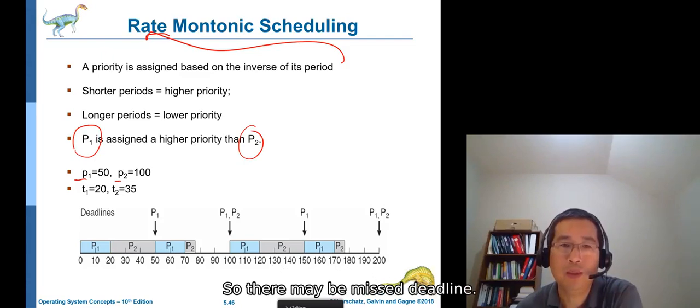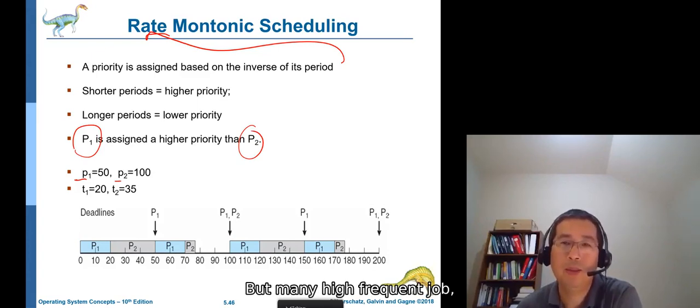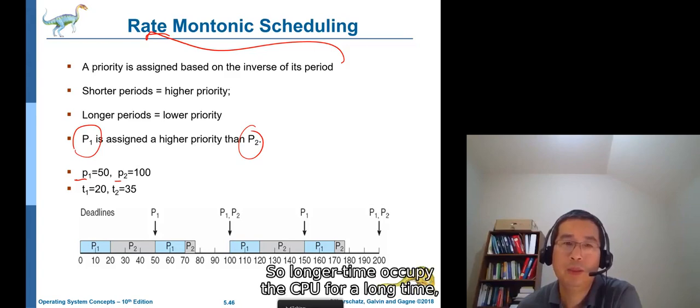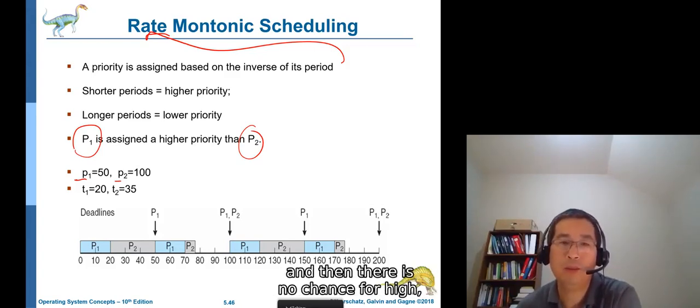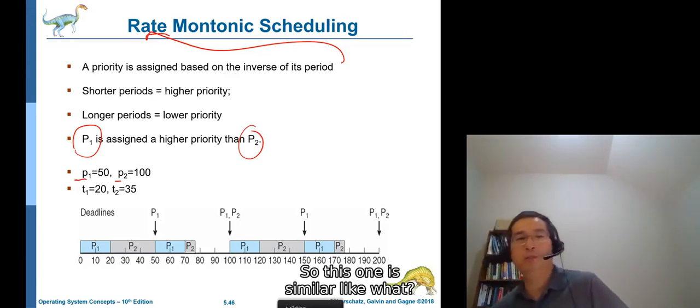They may miss the deadline because they only happen occasionally. But the many high frequency jobs run for a longer time, so they occupy the CPU for a long time, and then there's no chance for low priority jobs.